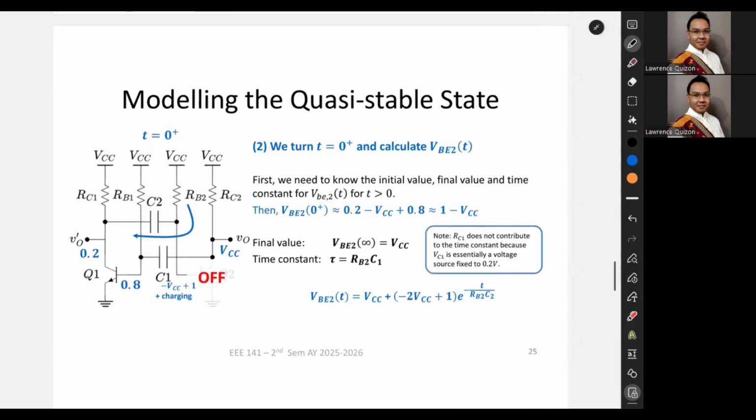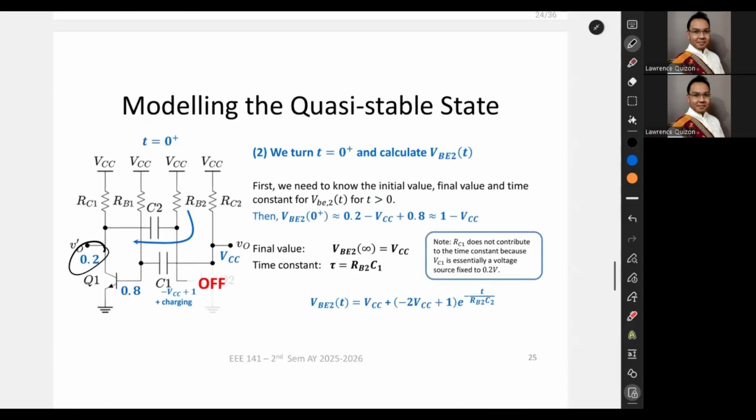So here it is. So since we know that this is 0.2, 0.8, and VCC, we know the initial value of the C2 capacitor, right? It has a VCC minus 0.8 voltage across it. So 0.2 minus VC2 initial equals VBE2 initial. And this turns out to be 1 minus VCC.